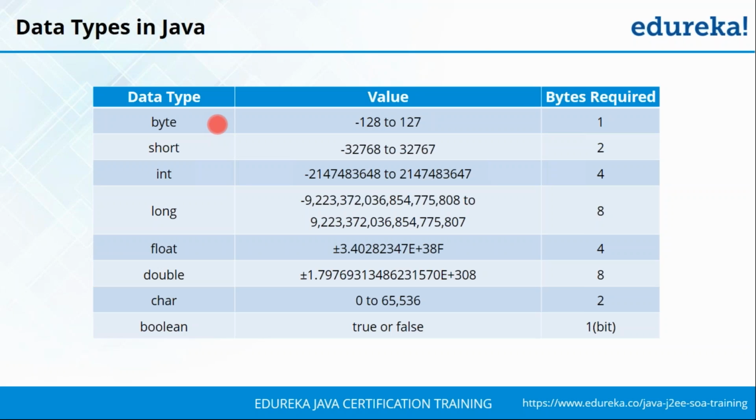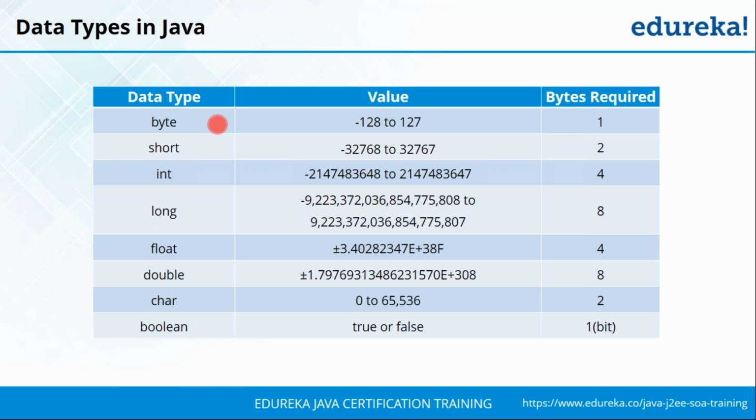But at the same time, to solve your problem, you can use a short. Now a short can store a value between minus 32,768 and plus 32,767. So this is a huge range, and if you want to store a number within this, then you can go ahead and do that using a short variable. If you want to go beyond that, then you're going to be using int.